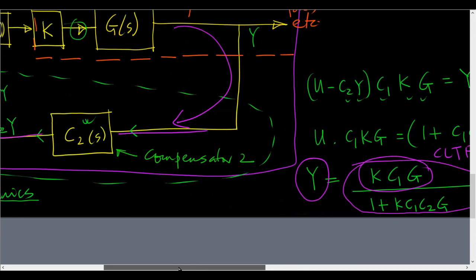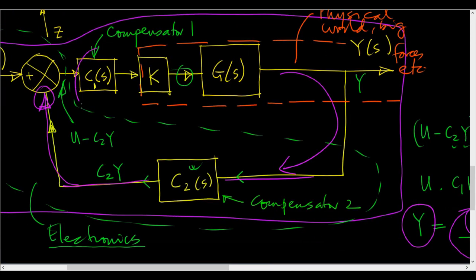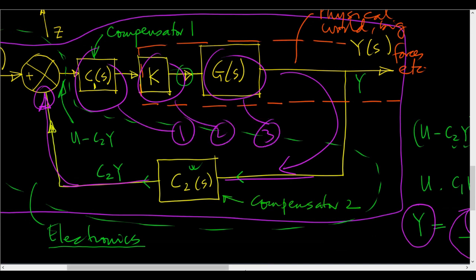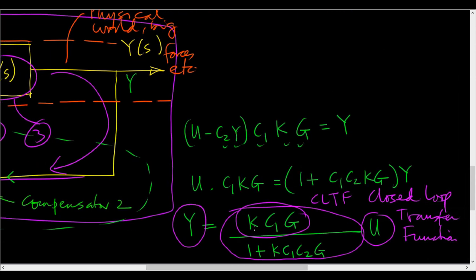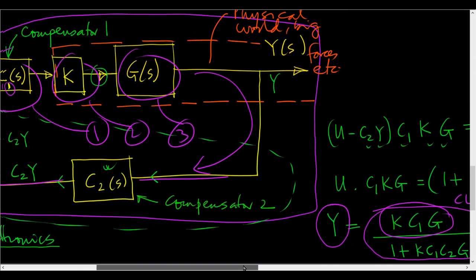In the numerator you have the product C K G, the product of the things in the forward path, not C2.